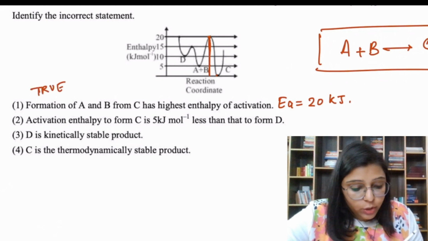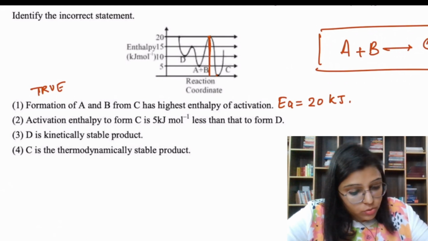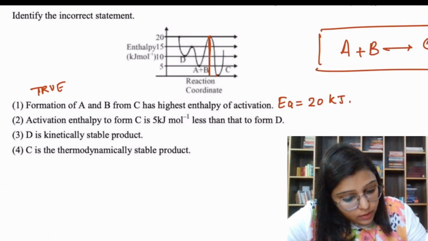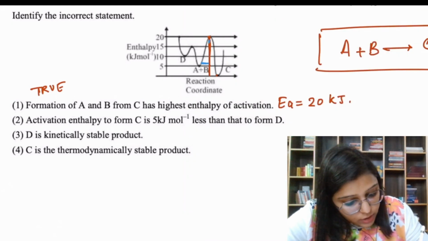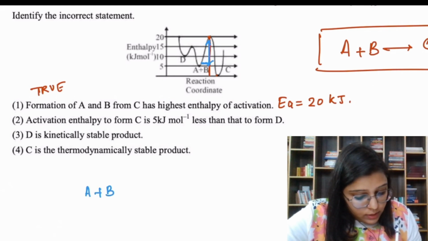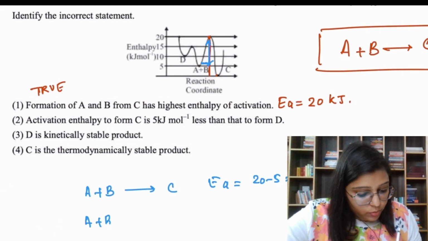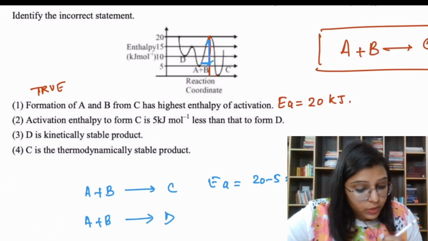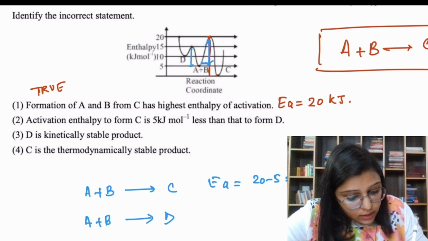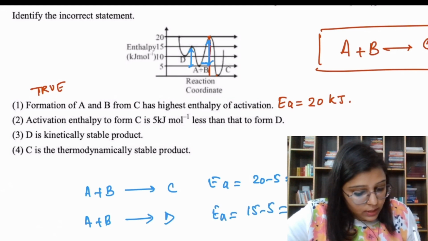Now, activation enthalpy to form C is 5 kilojoule per mole less than to form D. Okay. So if you form C from A and B, the activation energy is this, which is equal to A+B to C. So the activation energy is equal to 20 minus 5, that is 15. And if you form D from A and B, the activation energy is 15 minus 5, that is 10.